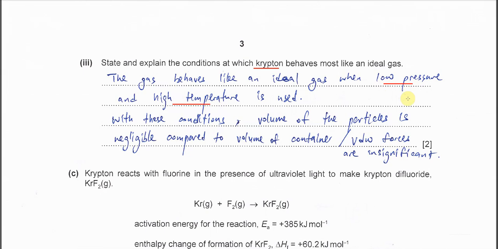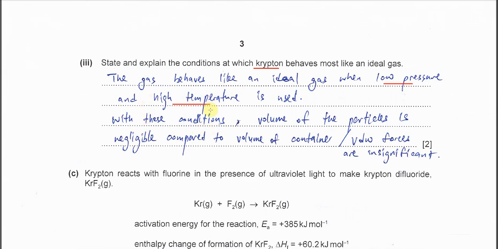Therefore, the volume of the particles can be further neglected. Means it is more insignificant. High temperature, all the particles move really fast, more kinetic energy. So the collision is more elastic.